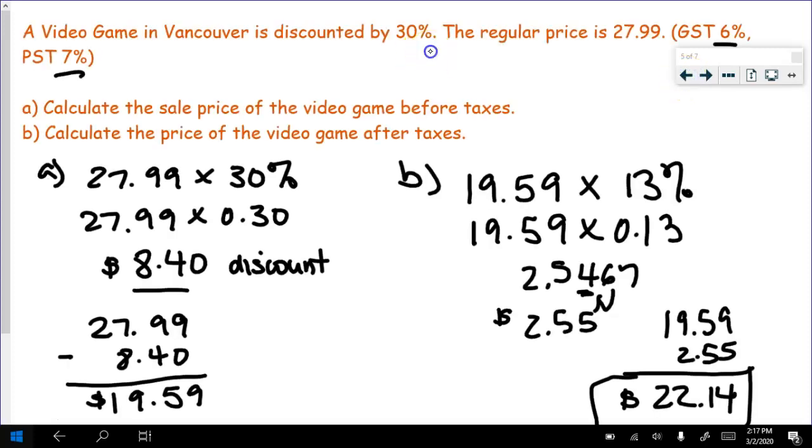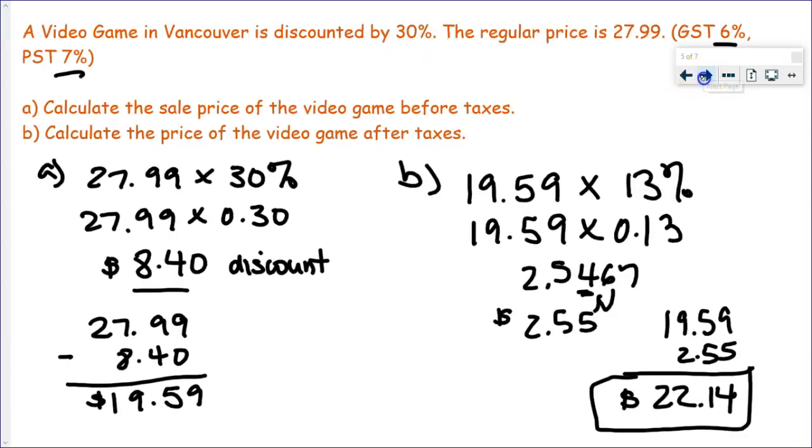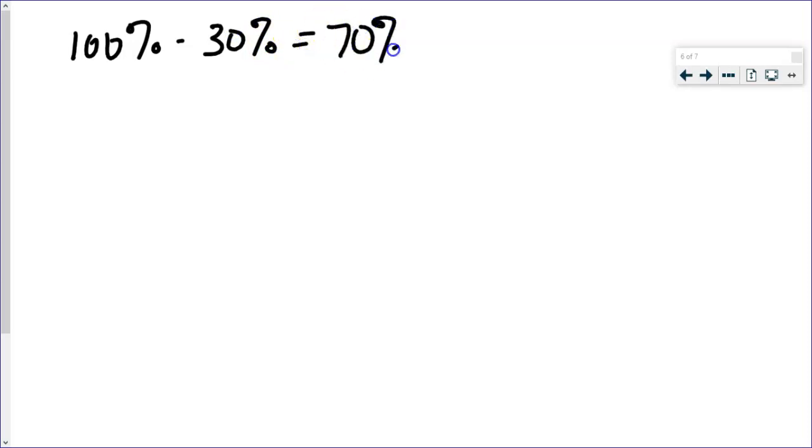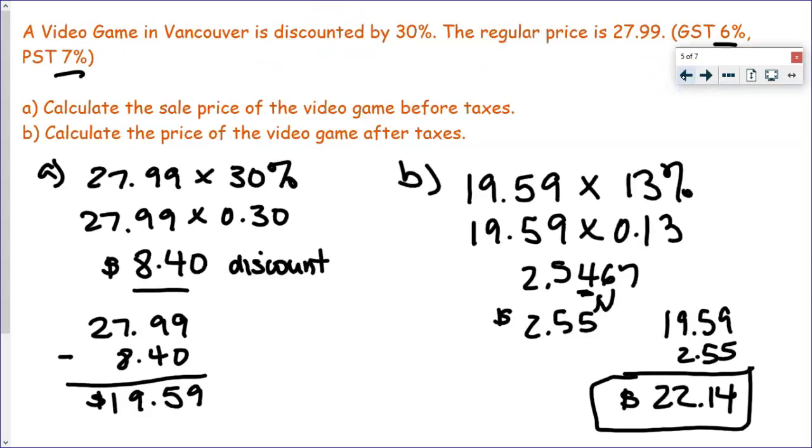Oh, I just want to show you something from that last question. Okay, there's another way to do it. This 30%, we're going to take it off right away. So if that's a discount, okay, we're going to go 100% minus 30% equals 70%. Okay, and keep in mind the amount was $27.99.